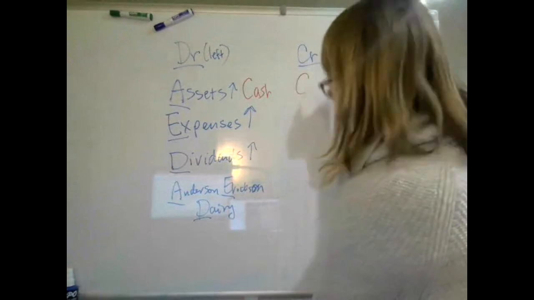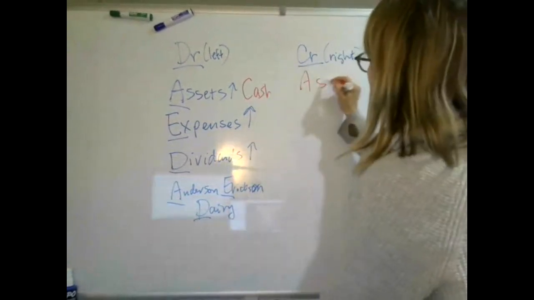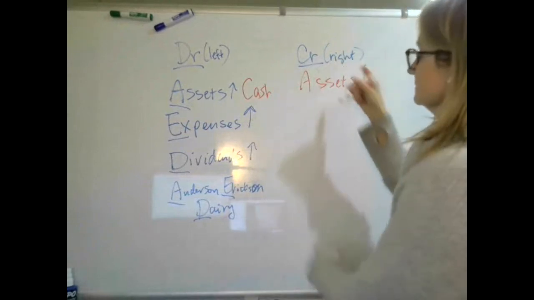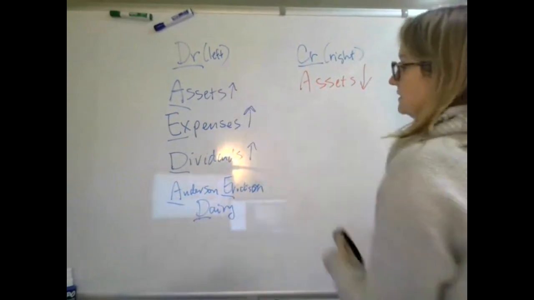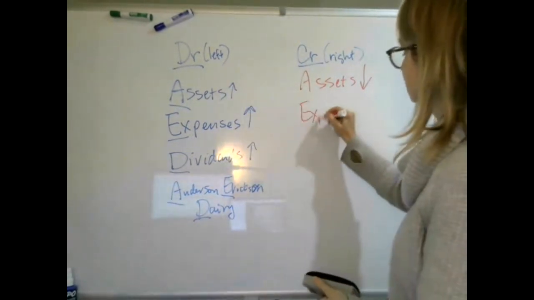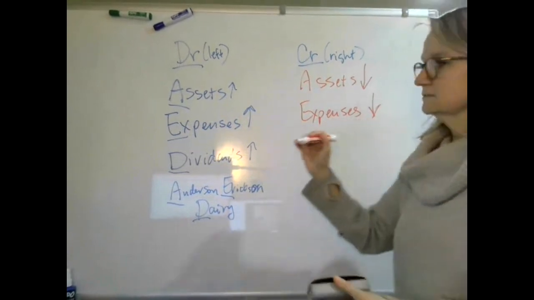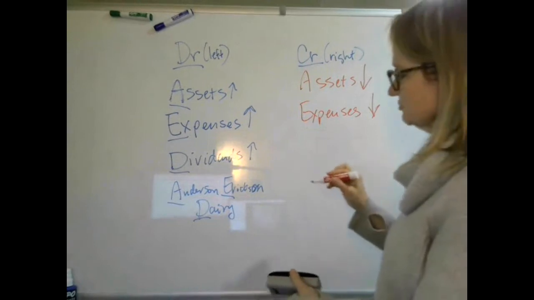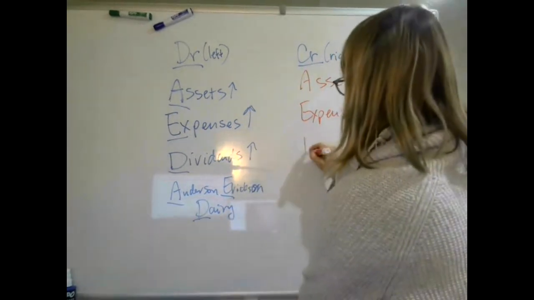So cash, assets. When our assets go down, it's going to be on the right side of our journal entry. When our expenses go down, you don't usually see that very often, but you can. An expense decreasing, maybe you got a refund for something.